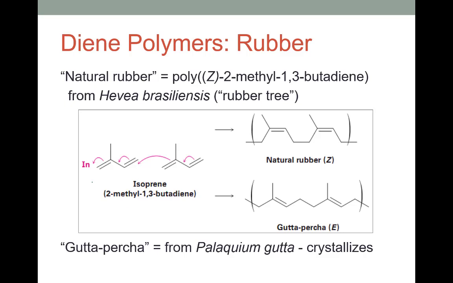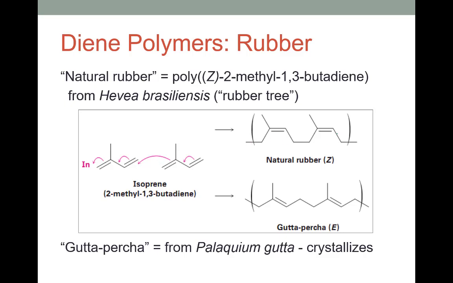But what we have here in pink is just a radical initiator to start the process, but isoprene itself is a modified 1,3-butadiene, so a 2-methyl group attached there. And what we end up with is this situation where we have sort of a conjugated system being formed between 2 molecules.